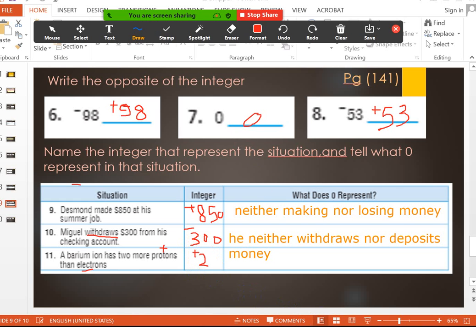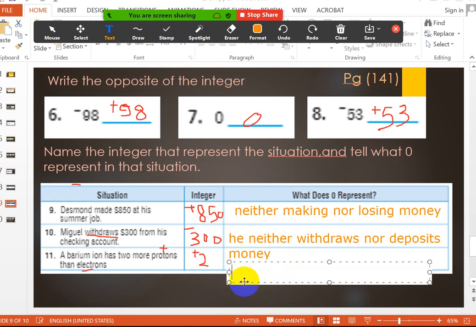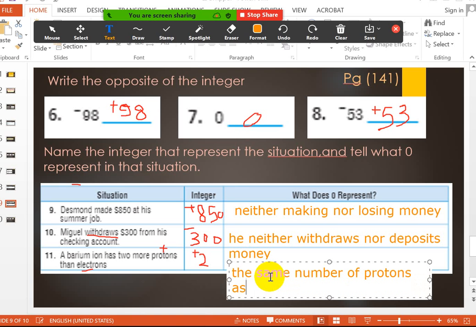Okay? We solved something like this yesterday. What does 0 represent in this situation? I will solve it here, girls. That means the number of protons equals the number of electrons, so the same number of protons as electrons.